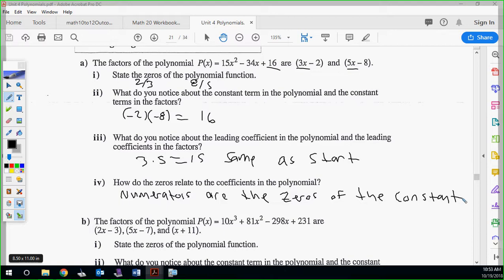Those, the constant, just the constant, don't forget the 3, is the numerator. So this was 2 on the top for 2/3. And then the denominator is the coefficient of the x values.